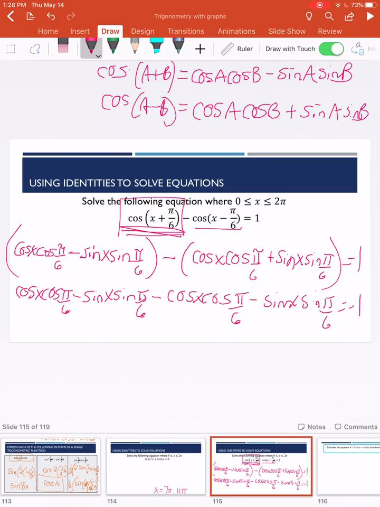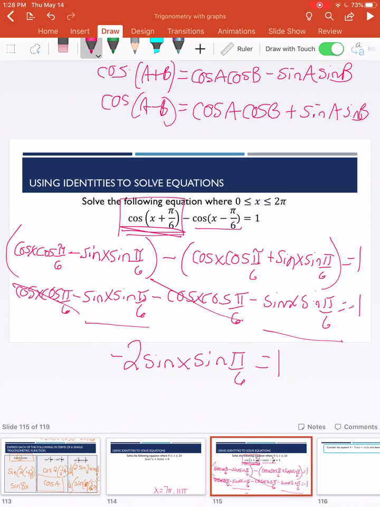Then we see that the cos x cos pi over 6 and this cos x cos pi over 6 are going to cancel out, right? Because if you subtract two things that are exactly the same, they'll cancel. And then I have negative sine x sine pi over 6 and negative sine x sine pi over 6. So if you collect like terms, you'd have negative 2 sine x sine pi over 6 equals 1.